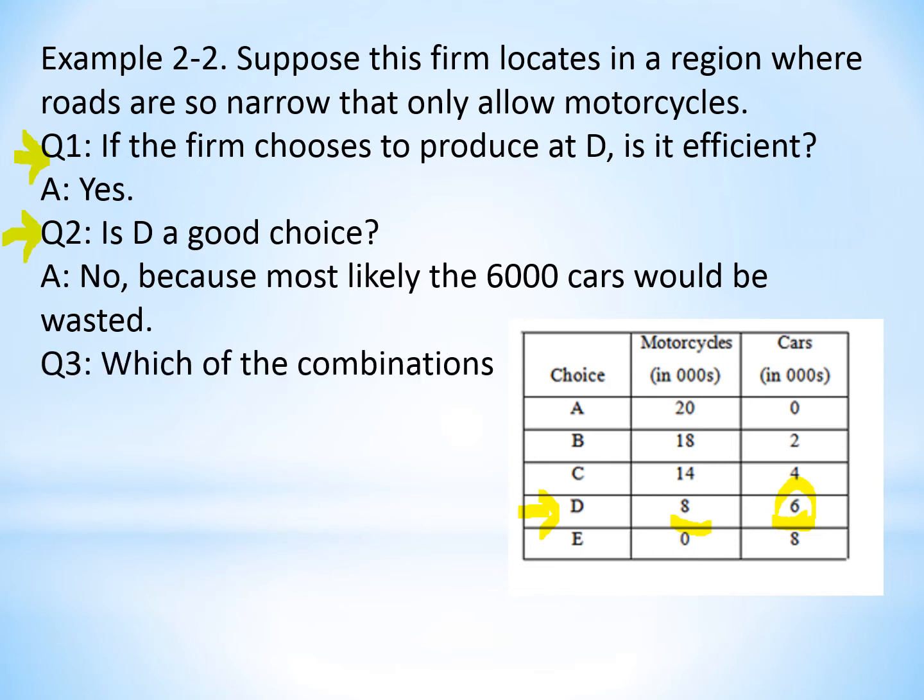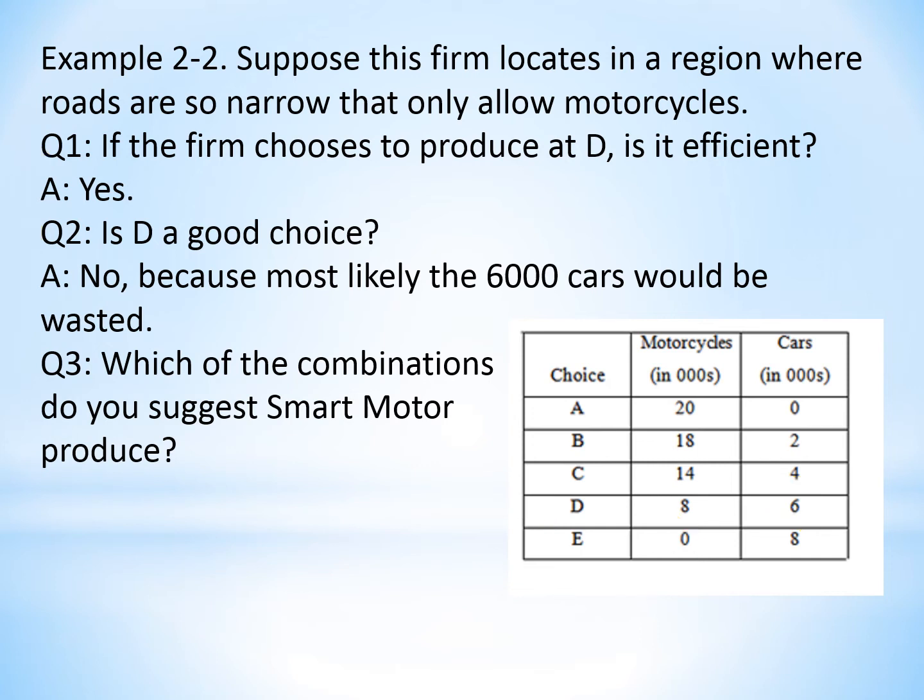Okay, next. Which of the combinations do you suggest Smart Motor produce? What do you think? When I'm teaching in class, the majority of the students say A. Some of the students say B. All right.